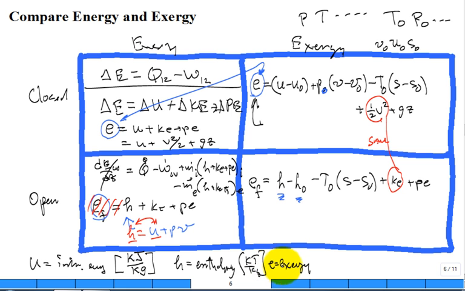Guess what its units are? Kilojoules per kilogram. What? I have three things with the same units. And guess what E sub F is? That's the flow exergy, right? What are the SI units of the flow exergy? This is kilojoules per kilogram.